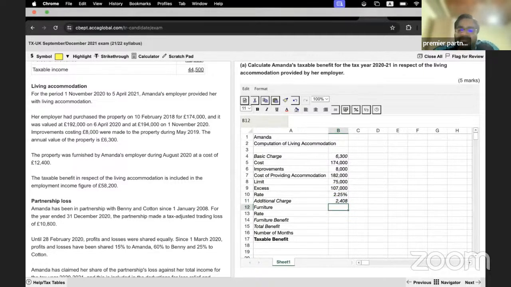This would be the additional charge. Then furniture 12,400, I take that also here, so it's easy for me to annualize. So the rate would be 20% for that. Furniture benefit would be this into 20%, which is 2,480. Are we good?